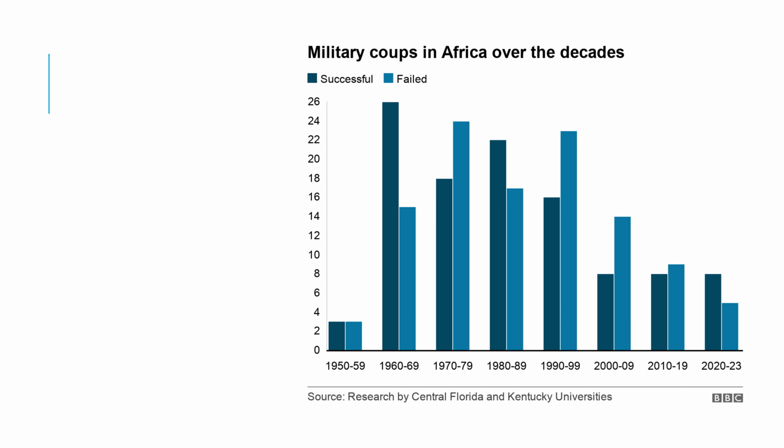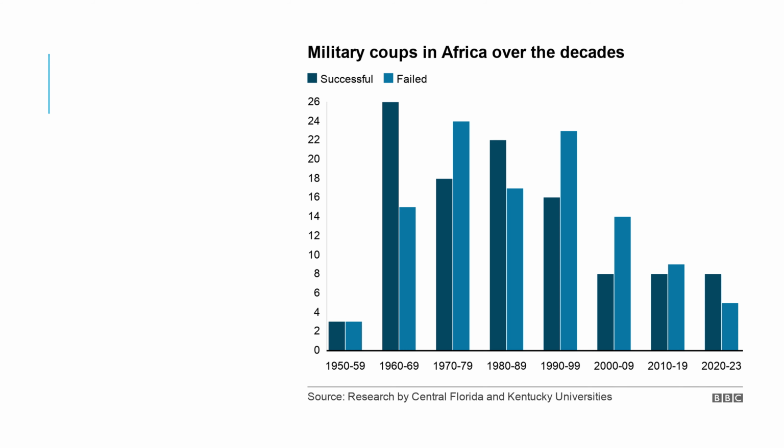Here you have data showing the trends in military coups in Africa. As you can see, in the 1950s, there were very few coups. Then in the 1960s, 1970s and 1980s, and even up to 1990s, the coups went up.